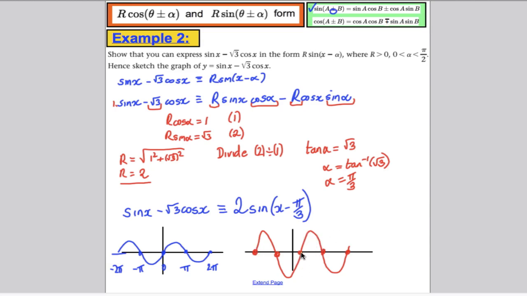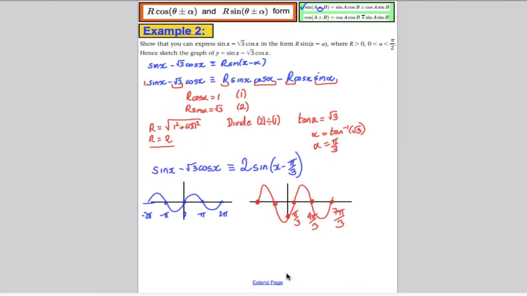Okay, can we fill in these points here? Well, we can. That is the point pi by 3. That was at pi before, but it's at pi plus pi by 3, so it's at 4 pi by 3. This point here was at 2 pi plus pi by 3, so it's going to be at 7 pi by 3, etc. Could we find the coordinates here at that point?